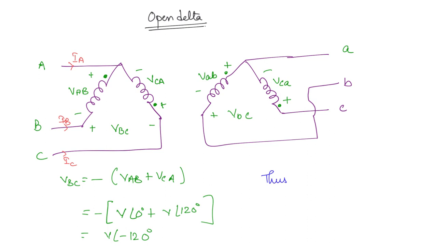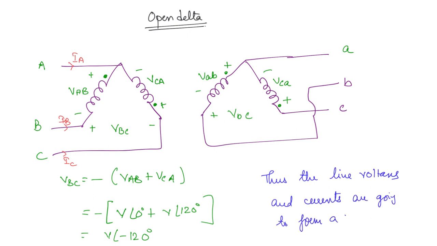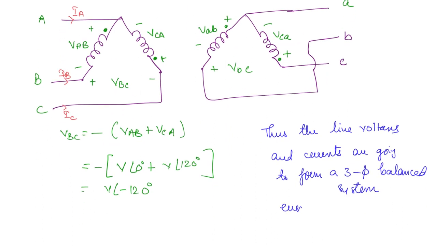So remember, it is the line voltages and currents, not the phase quantities, only the line quantities, that form a 3-phase balanced system, even if one of the windings is absent. This is the open delta connection.